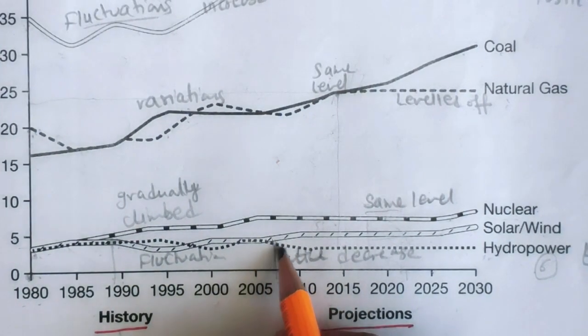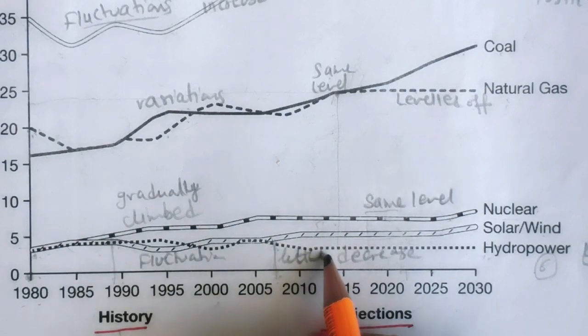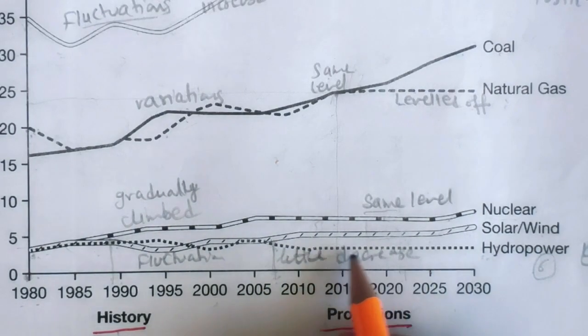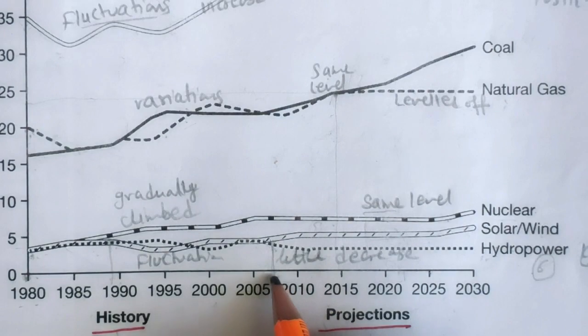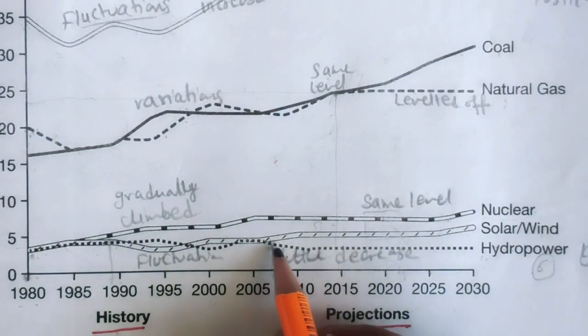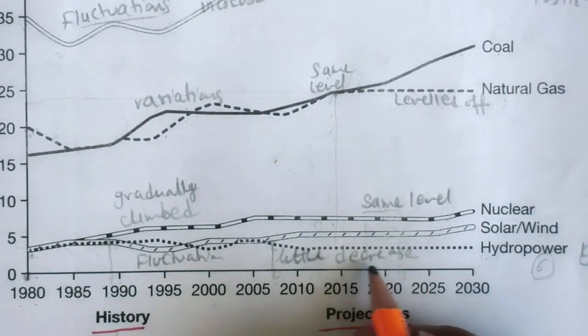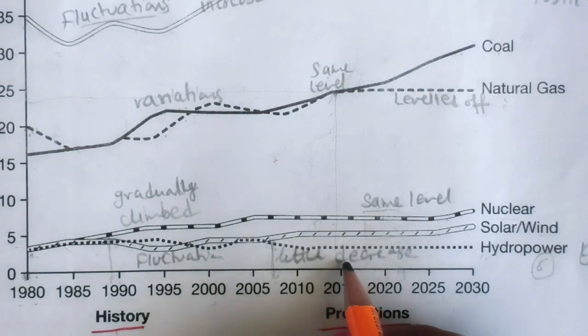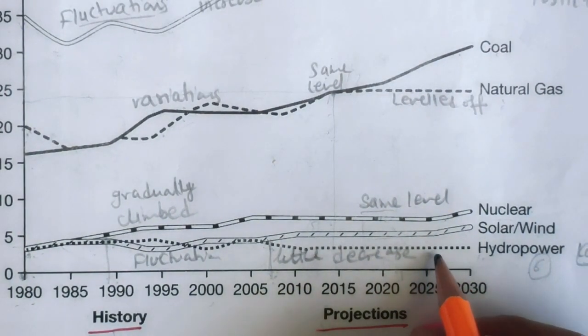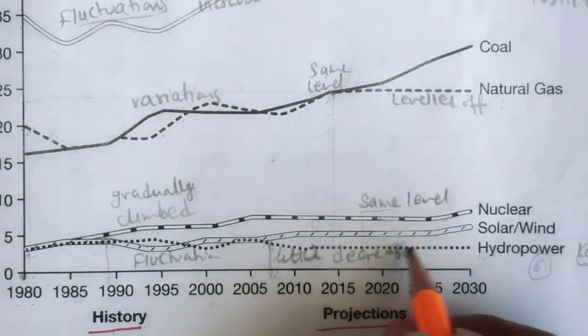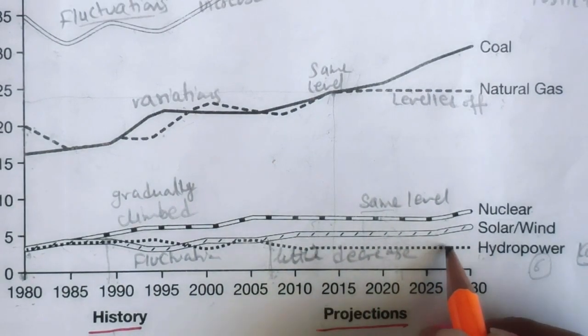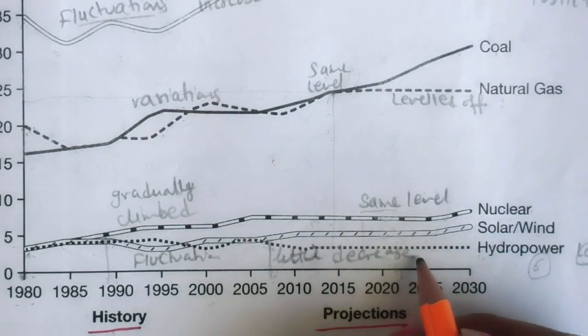And it maintained its level; it decreased by a little, so use the word here. From here to here, it is steady.